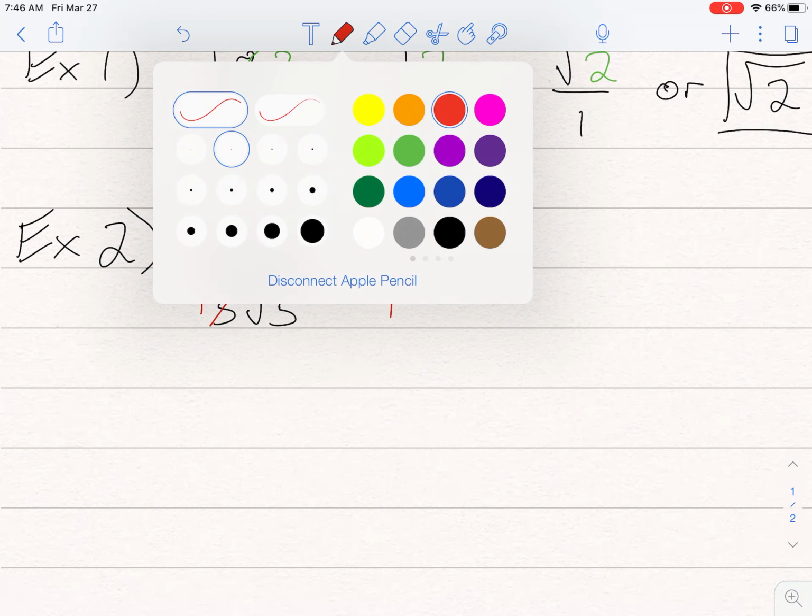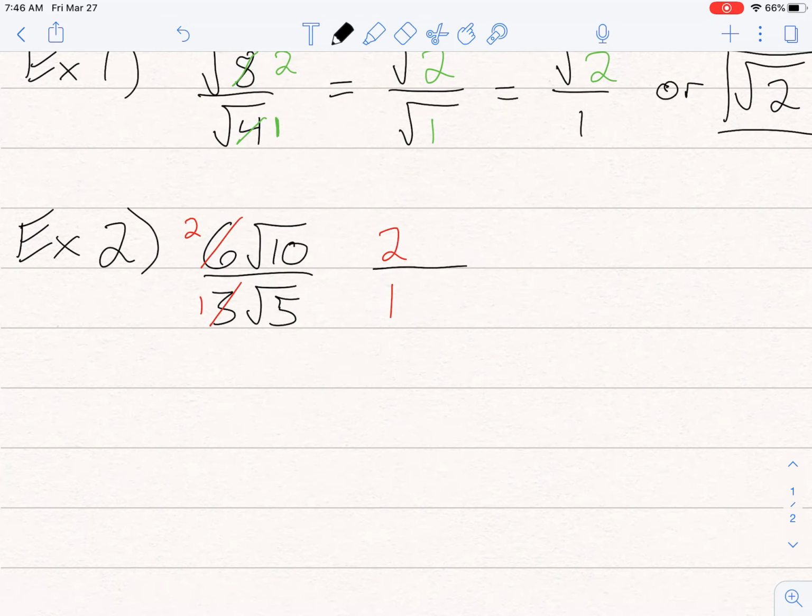So I'm going to have 2 and 1 here as part of my answer, or as I'm working. And then for the radicals, 10 and 5, if I divide both of those by 5, this becomes 2, this becomes 1. So this is square root of 2 and square root of 1.